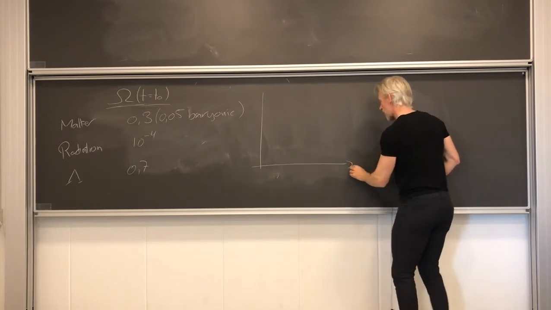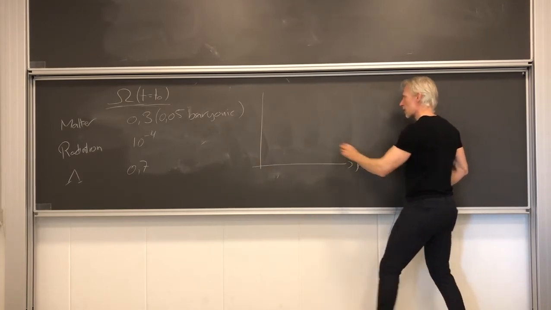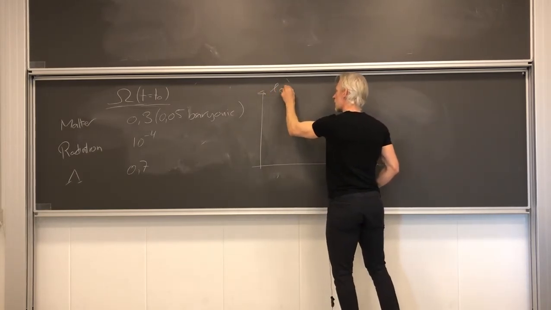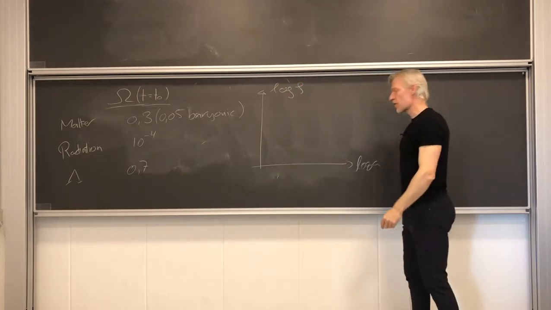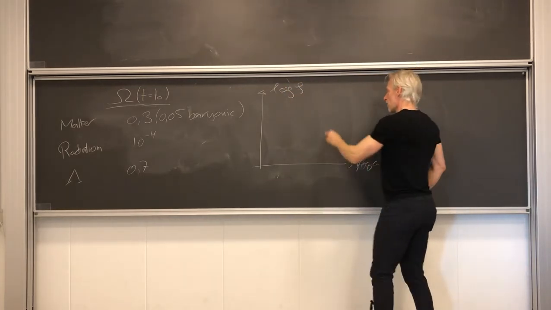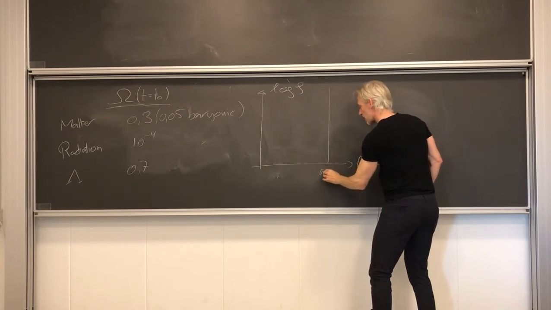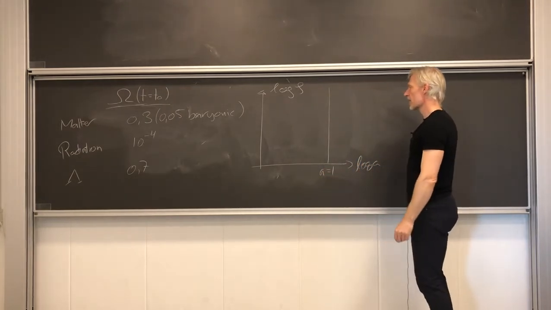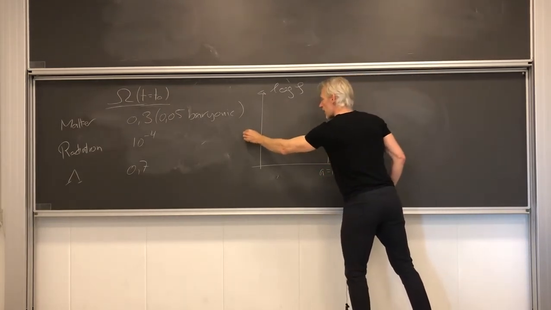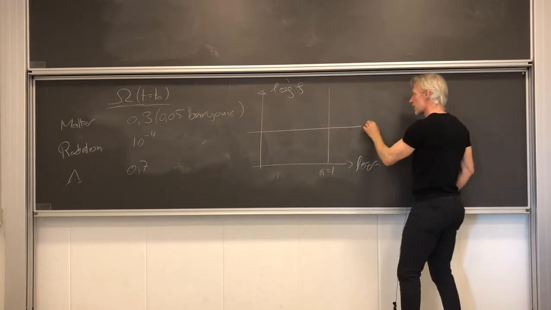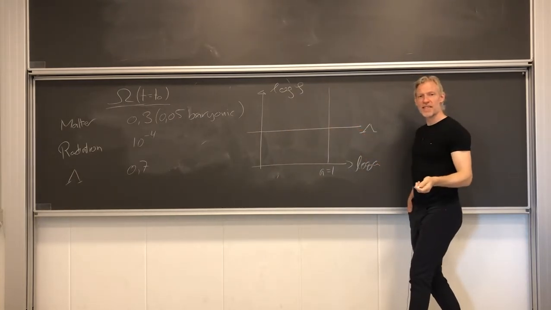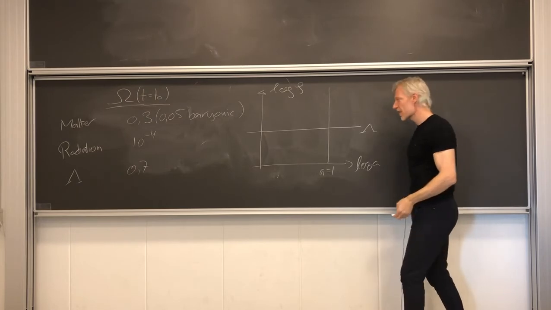So if we actually plot it with the energy density as a function of scale factor, well, let's say that a equal to 1, that's today. We have dark energy here that really is just a constant, at least that's what we assume it is.